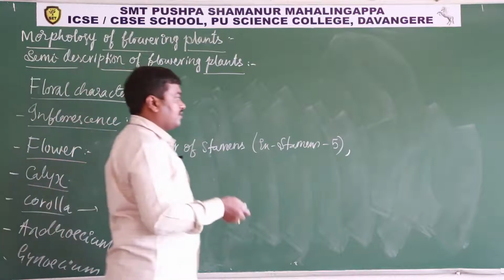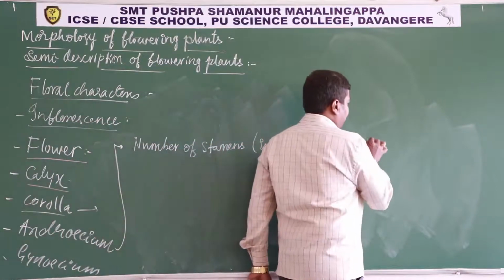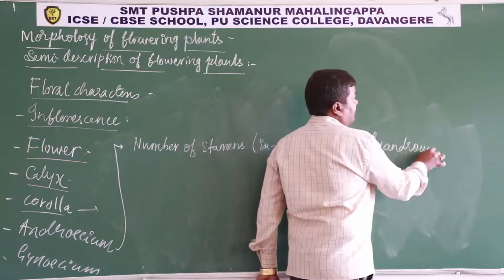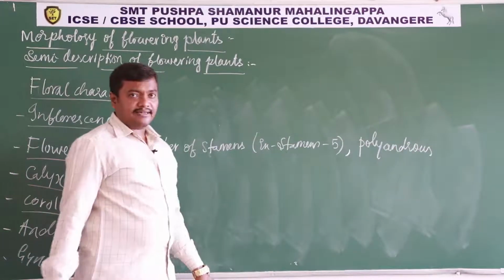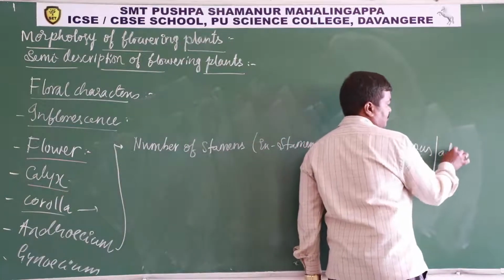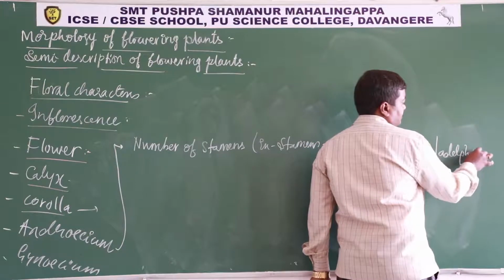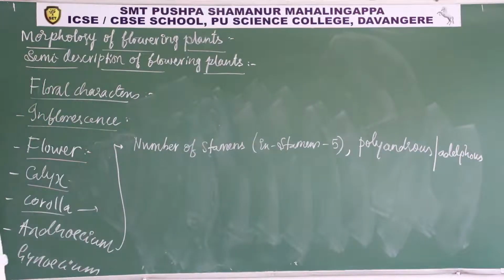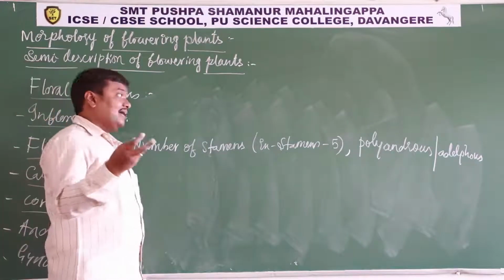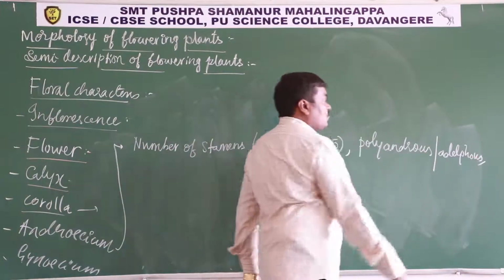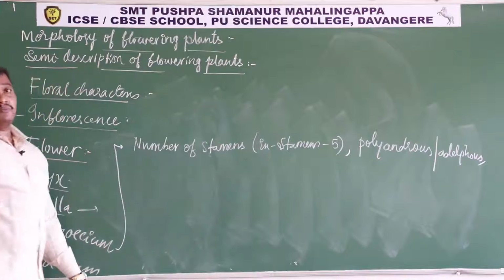You already know the condition: if all the stamens are free, it is called polyandrous. If they are fused, the condition is called adelphous. And you need to mention how many bundles there are, like monoadelphous, diadelphous, triadelphous, polyadelphous. If no stamens are united, you can simply write polyandrous.